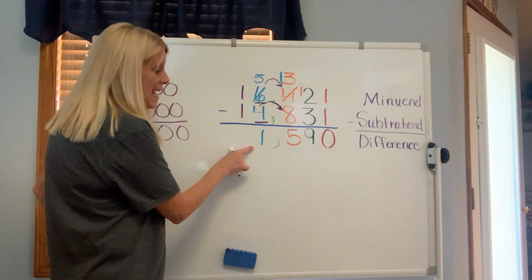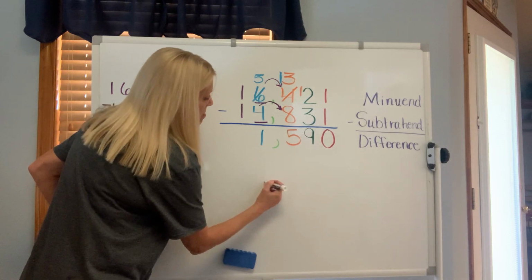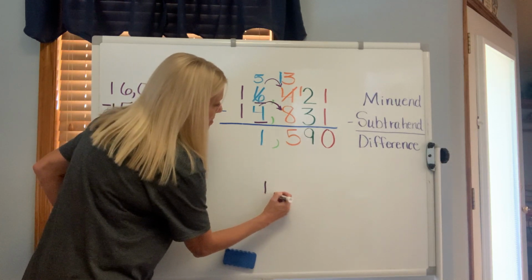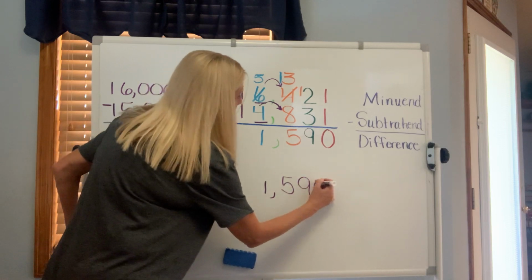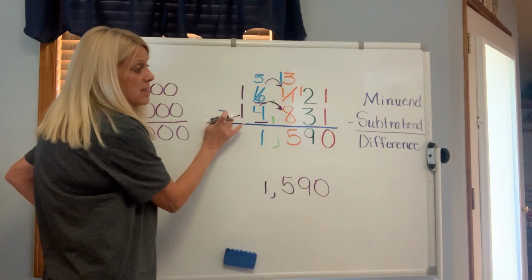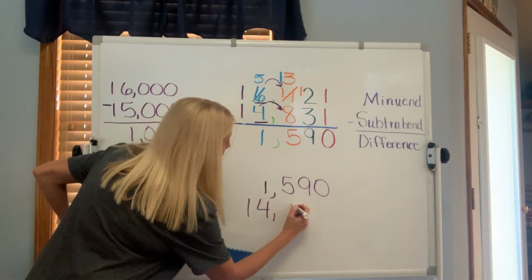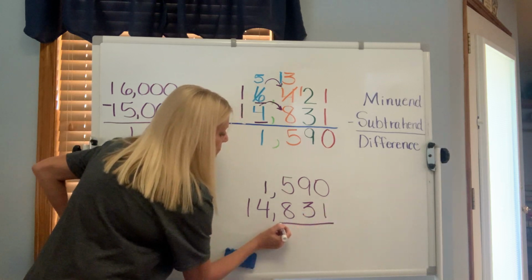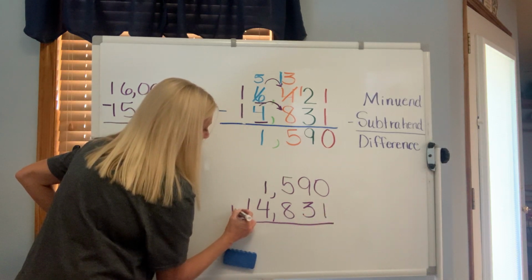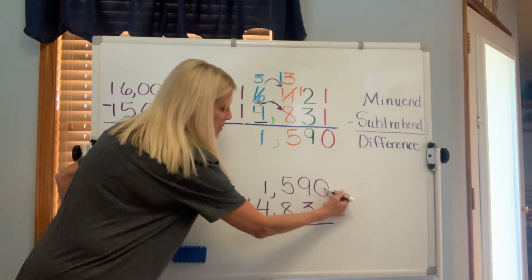I can take the difference, 1,590, and add it to the subtrahend, 14,831. And let's find out what the sum is going to be.